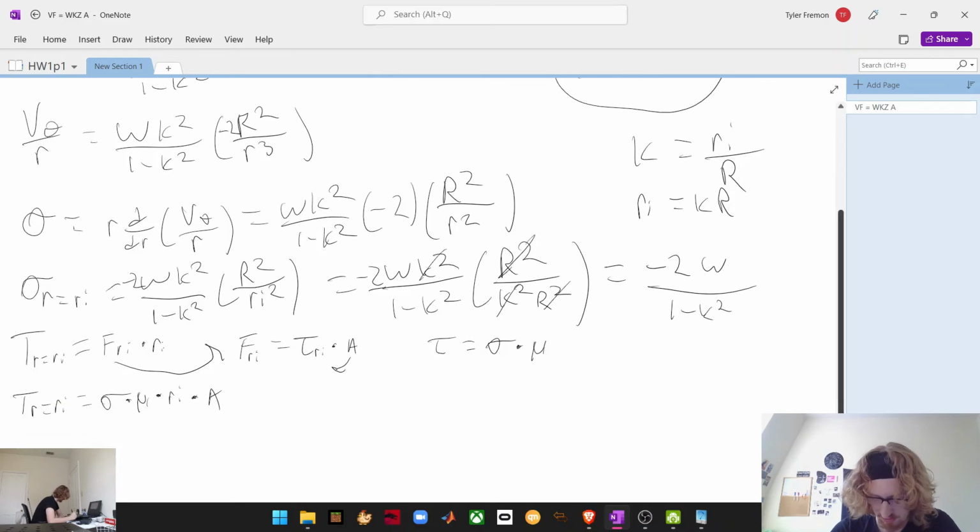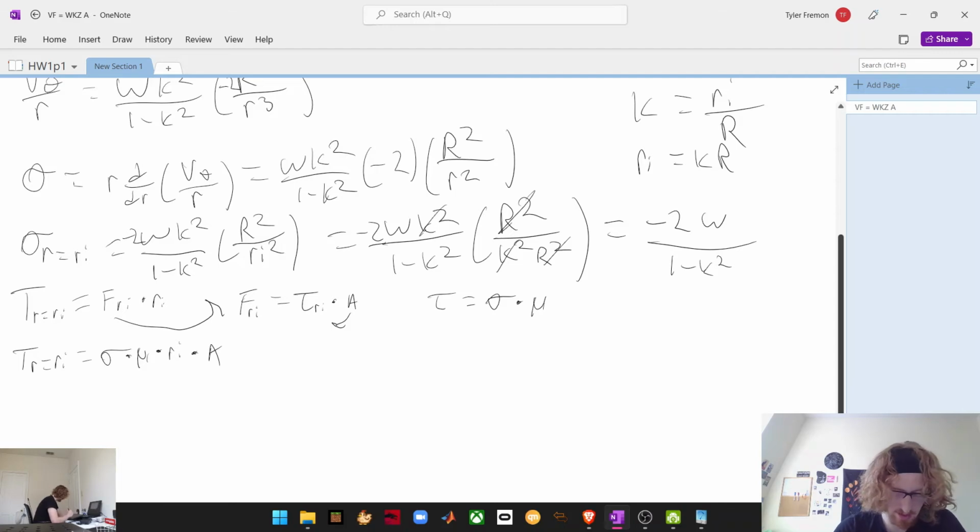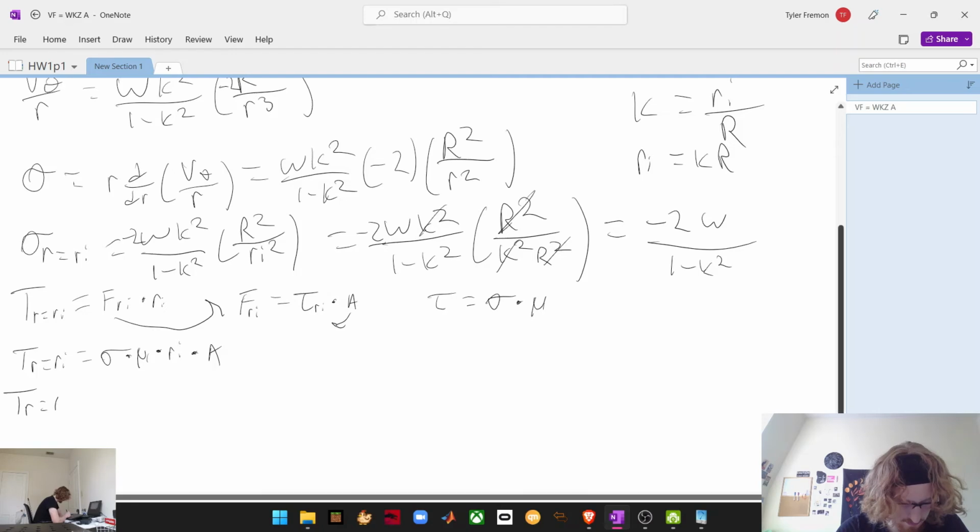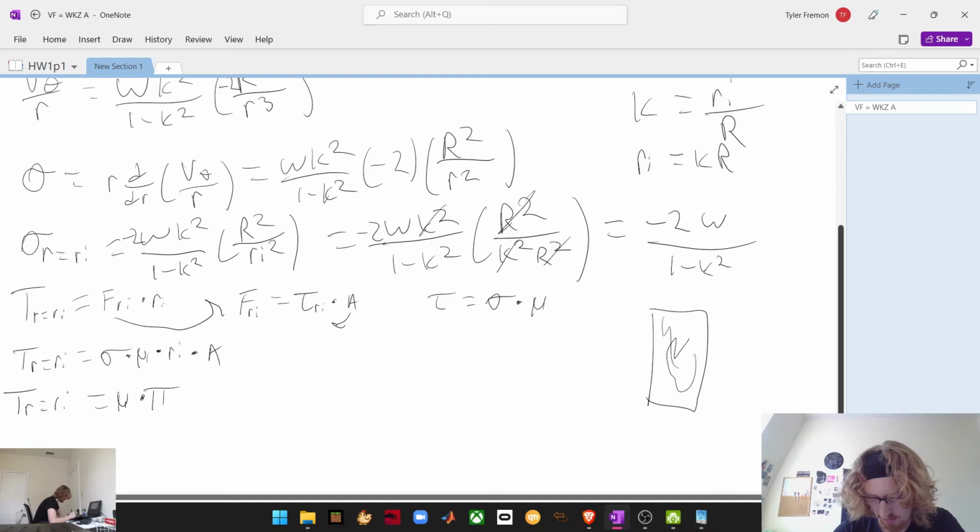So I need more space again. Let's see if it'll actually give it to me. It did. Wow. So again, substituting in, we'll start with the mu and the area. Mu times the area: if we have a cylinder, it is going to be the circumference of the circle times the height, and that'll give us the area of this surface.